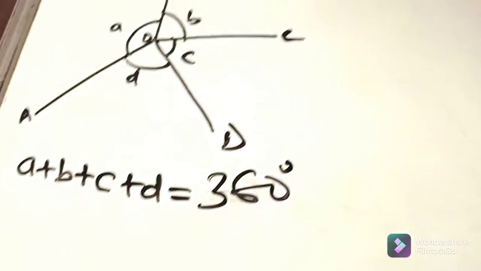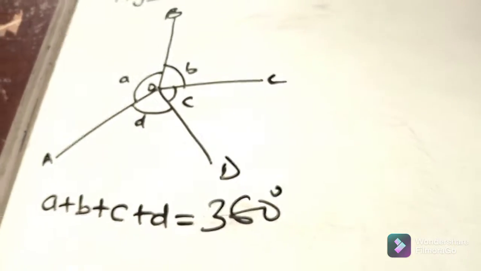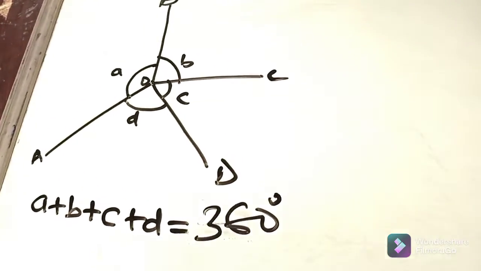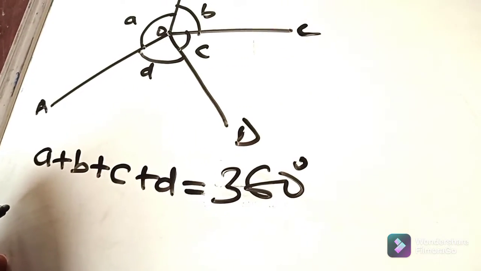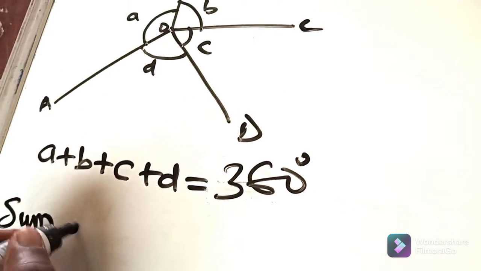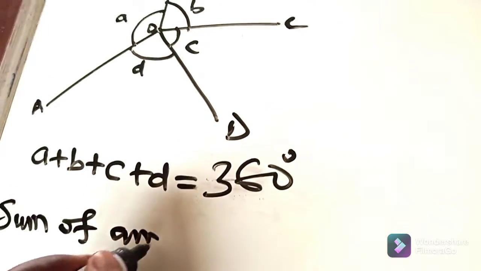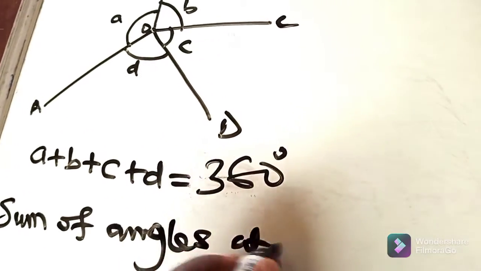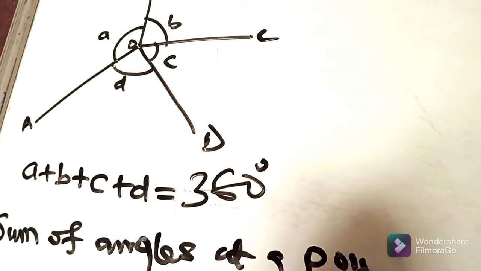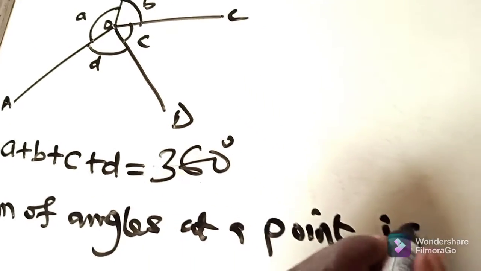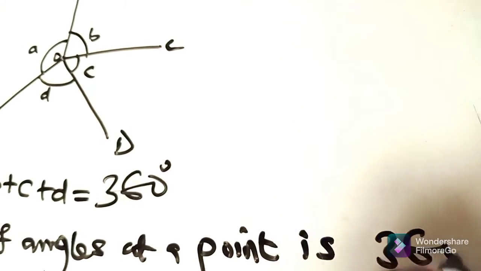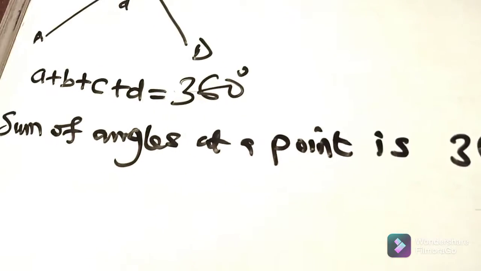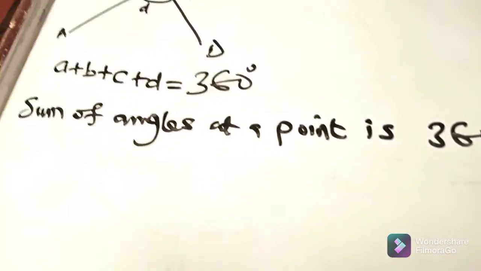In other words, we can say the sum of angles at a point is 360 degrees. Then how do we solve questions on this?